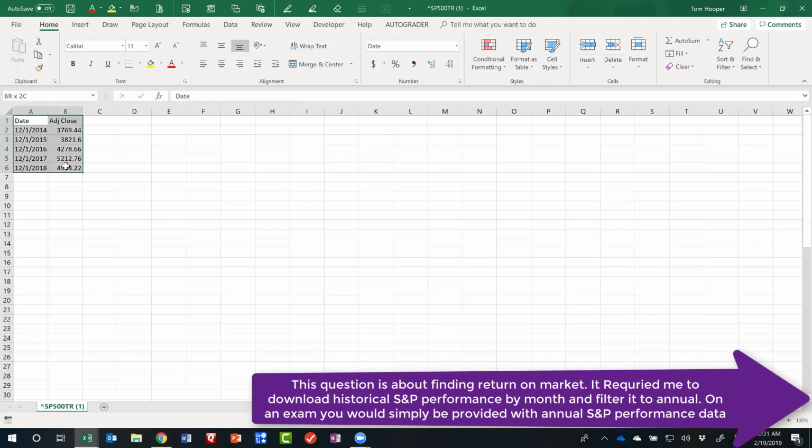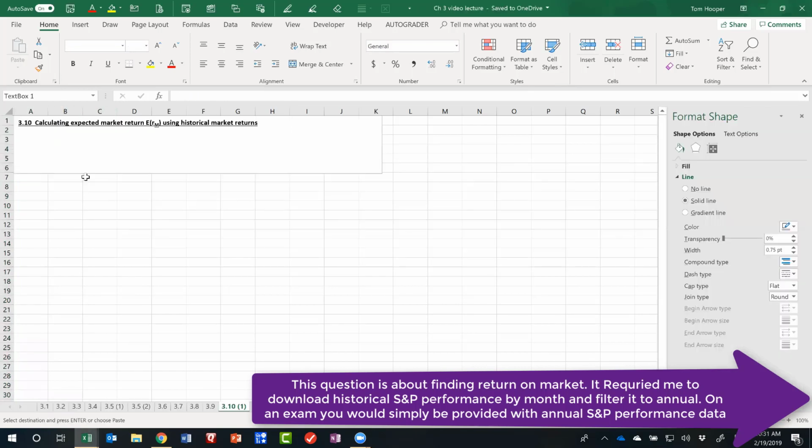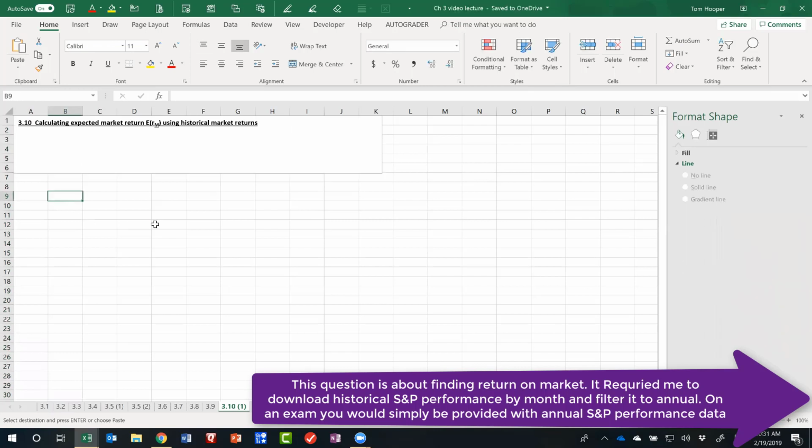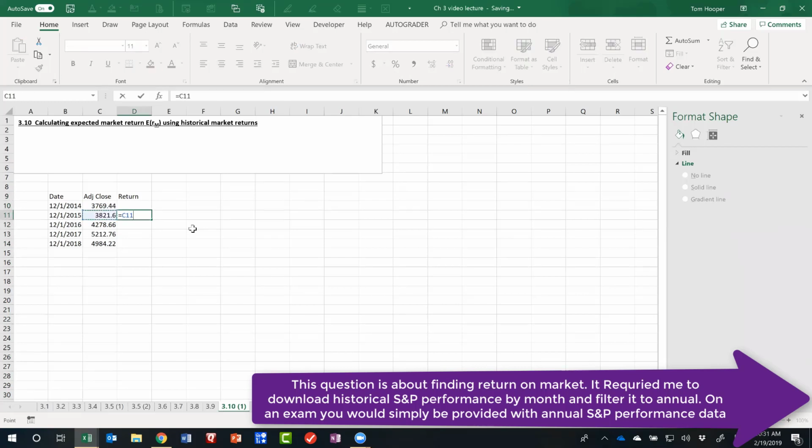So let's copy that back into here. And let's calculate the return. I'll just take this over this, minus 1. And then let's take the average of that. And so if we're using 5 years of data, we get an average return of just less than 8%.